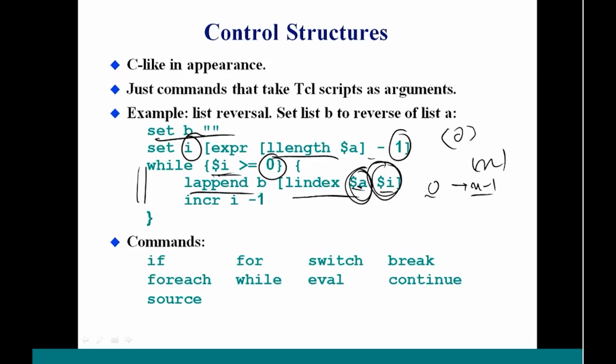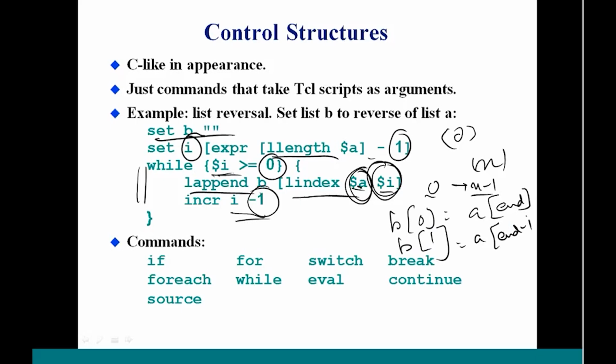So now B0 becomes A end, and then we increment I with minus 1, which is actually decrementing I. So now the next element will be B1, because we do L append, which becomes A n minus 1, and so on.